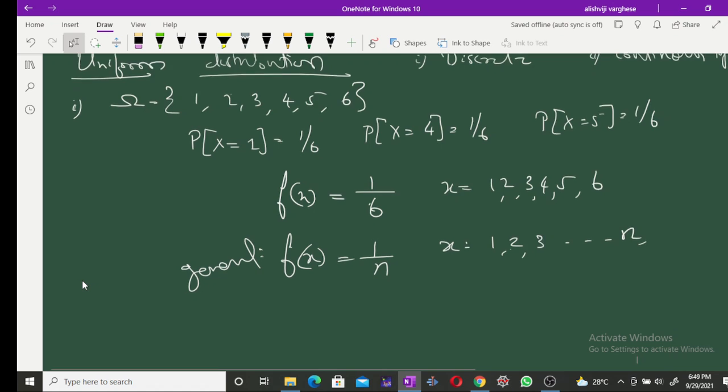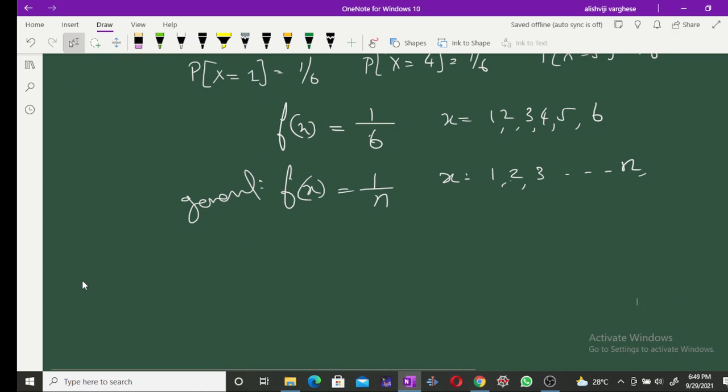And this is the discrete case, and this is very much useful when we have a discrete type of output and the probability is equally distributed among all the variables. That's a typical case.